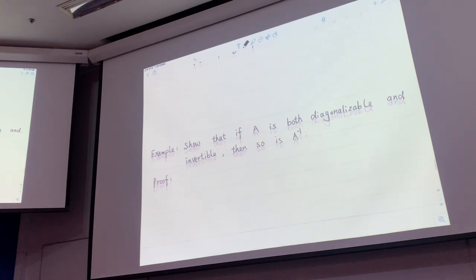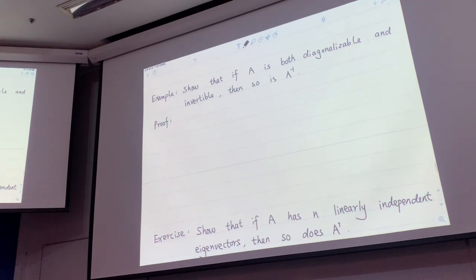Now let's see, show that if A is both diagonalizable and invertible, then so is A inverse. Can you prove it? A is invertible, so A inverse is also invertible for sure, right? A is diagonalizable. What's the meaning of diagonalizable?